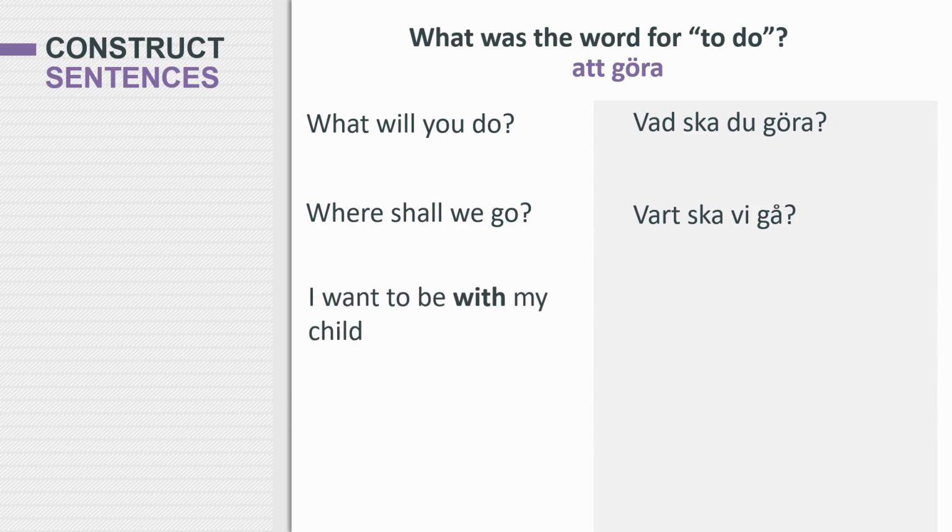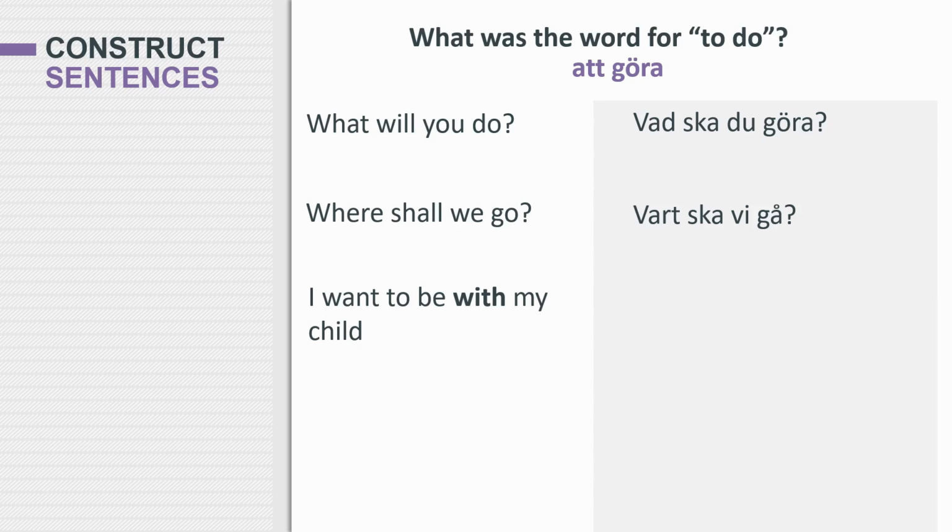I want to be with my child. So we need to know how to say want. Of course, we practice this a lot in the beginning. It's irregular, so att vilja is to want. If you want to say I want, he wants, you would say vill. How would you say I want to be with my child?